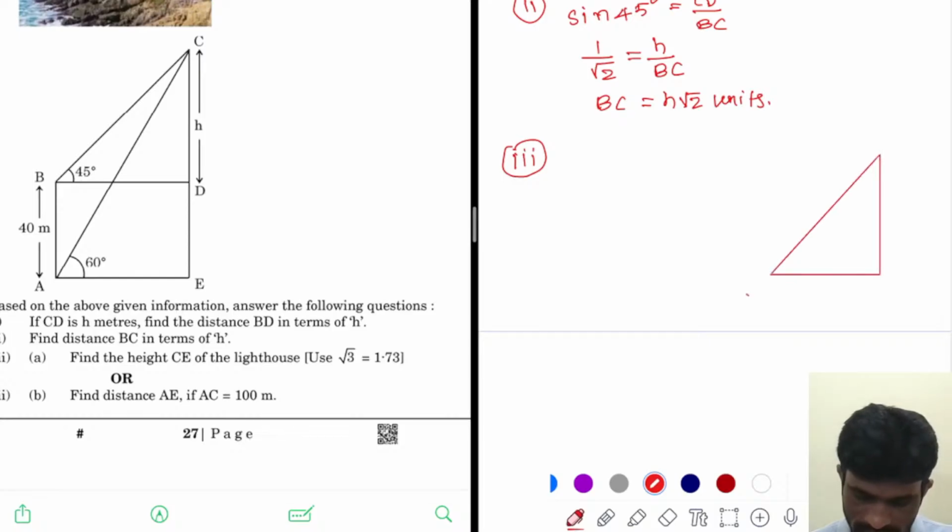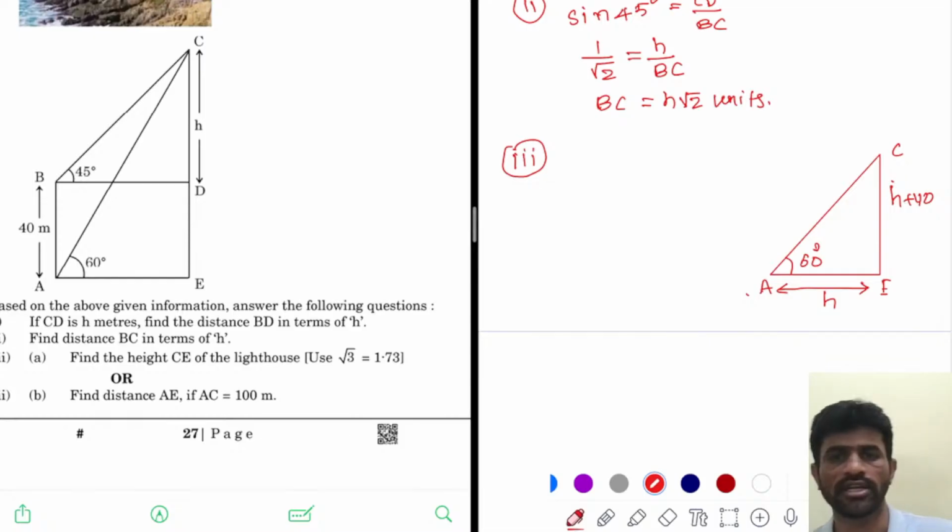In this triangle, this is C, this is E, this is A. Here it is given 60 degrees. And this is H plus 40 because the down part is 40. This total thing is H plus 40. And here A is also H because already we got BD as H, so A is also H.